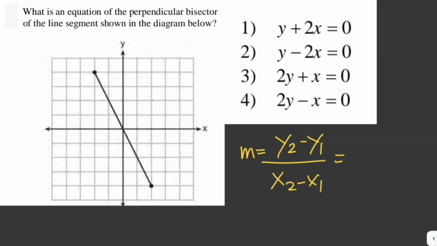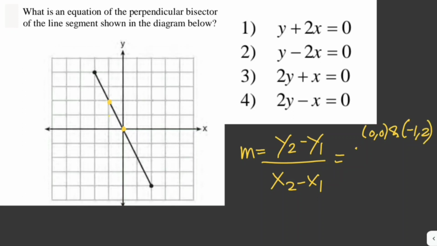We can choose two points here on the line. It passes through the origin (0, 0). So we can choose (0, 0) and another point, let's say this one. Let's say each box is equal to 1 unit. So this point is (-1, 2).